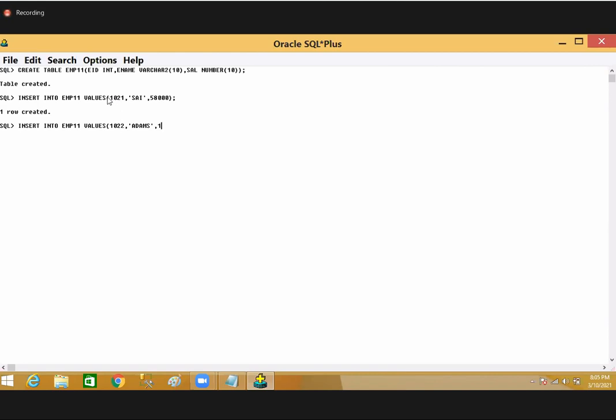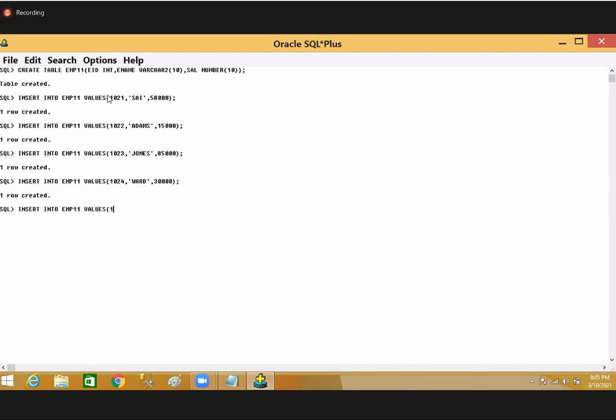Adams, and the salary is 15,000. 1023, the name is Jones, and the salary is 85,000 rupees. 1024, the name is Ward, and this employee's salary is, for example, 30,000 rupees. 1025, the employee name is Miller, and his salary is, for example, 45,000 rupees.